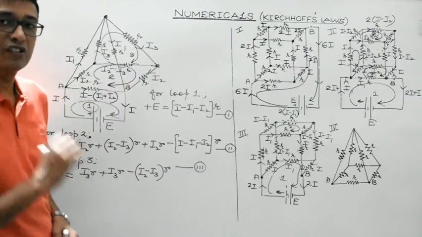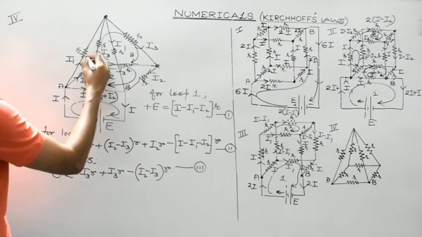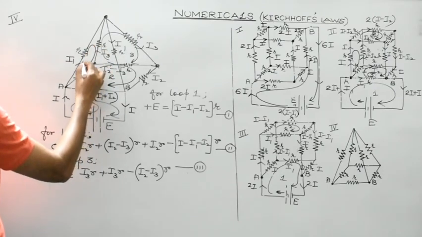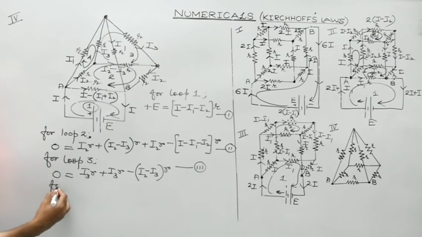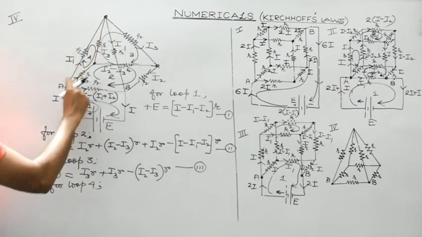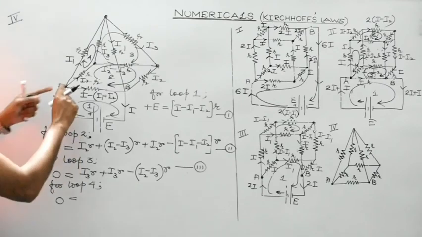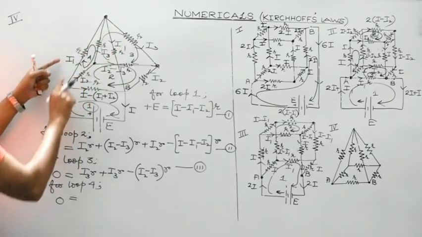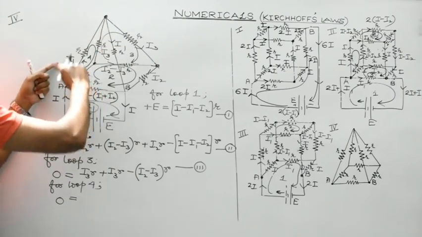Now another equation is required. So for the fourth equation, consider this side, this one. Consider this fourth loop. So for loop 4, again there is no EMF in this closed part of the electrical network, so net EMF is 0 over this loop. And let's start from here. In this branch the current is flowing in the same direction as that of the measurement of the loop, that is, in the clockwise direction.